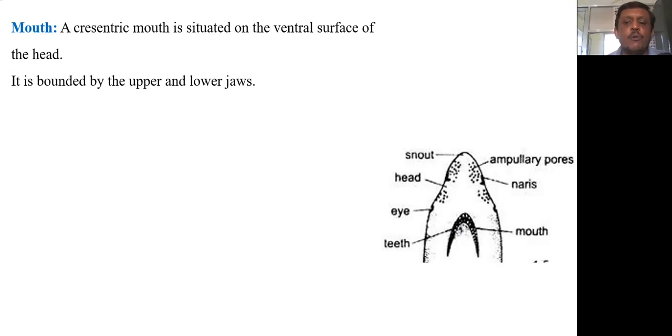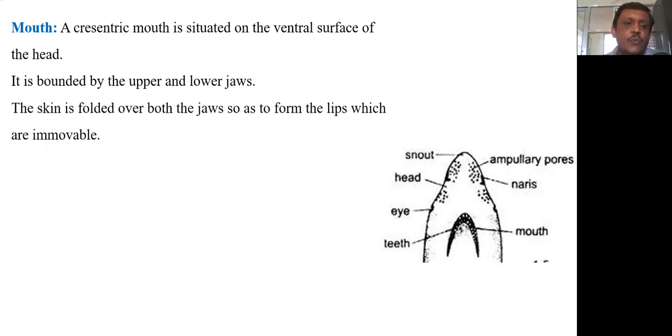The skin is folded over both the jaws to form the lips, that means the jaws are covered by a skin fold called lips, and these lips are immovable.